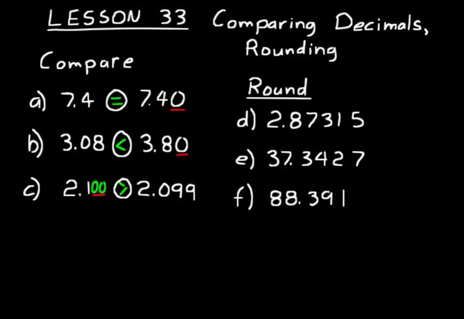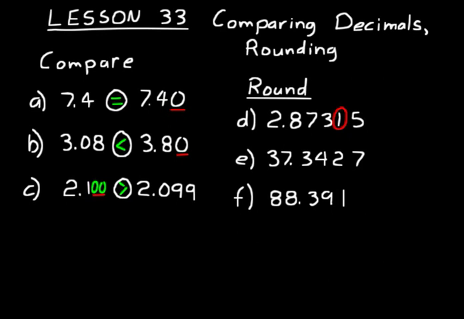Now you need to listen carefully to how I want you to round these different problems in order to do them correctly. On practice problem D, I want you to round that to the nearest 10,000th. So that means you need to circle the digit that's in the 10,000th place. You start at the decimal point and say tenths, hundredths, thousandths, 10,000ths.